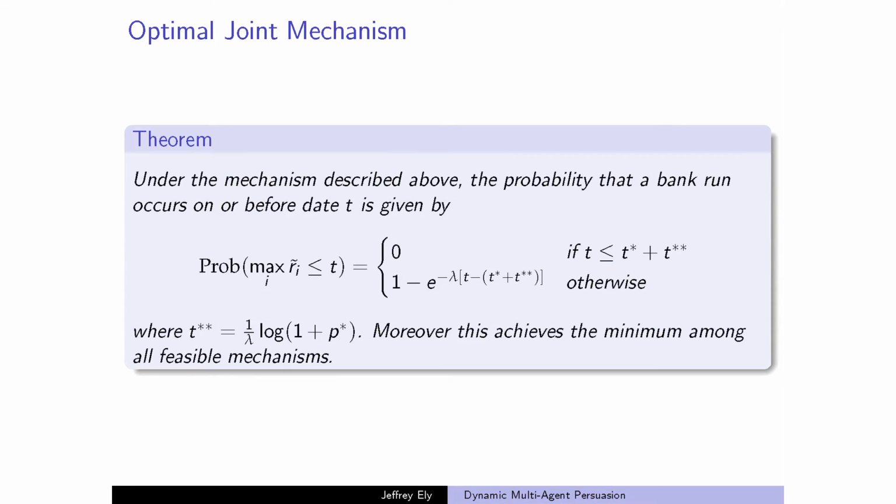Now, in fact, this probability, for any given t, is the minimum among all feasible, all incentive compatible mechanisms. I'm going to briefly explain why in a second, but let me first interpret the result.